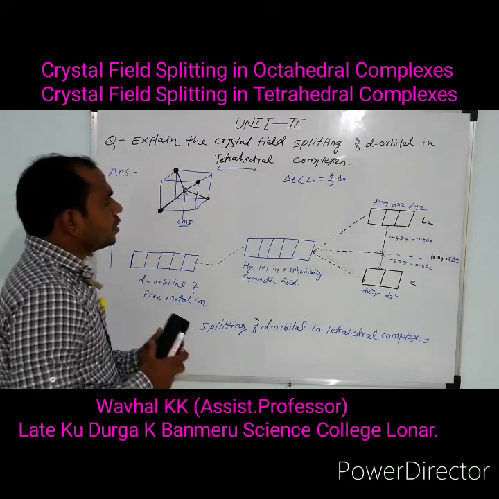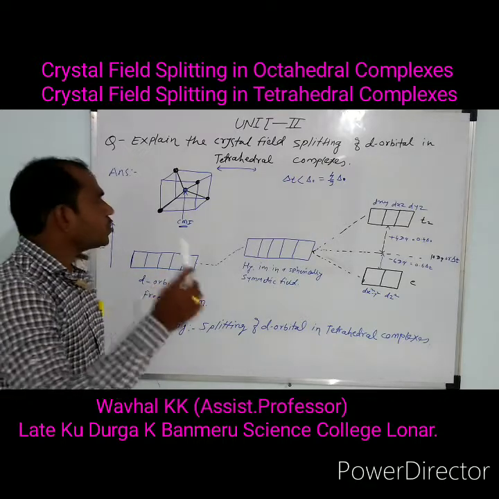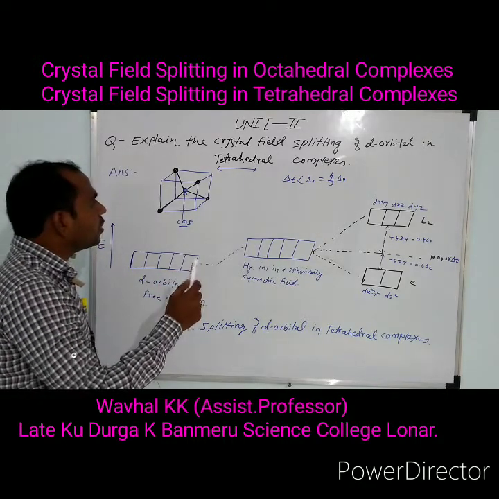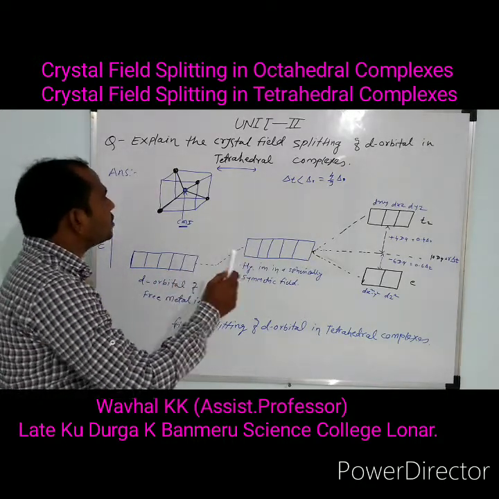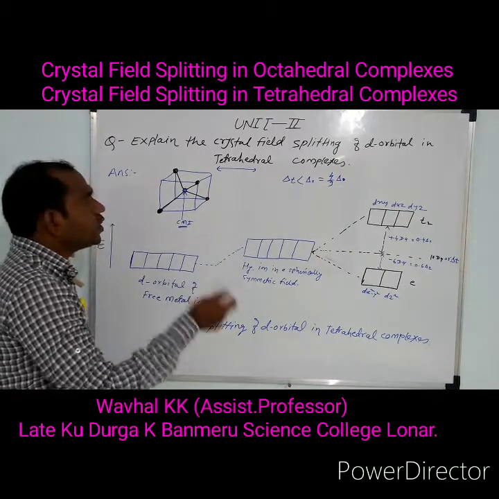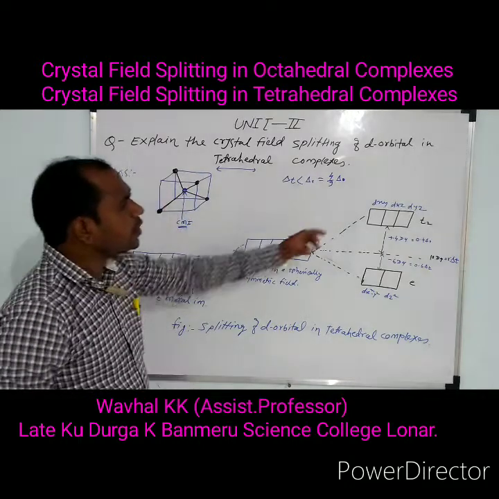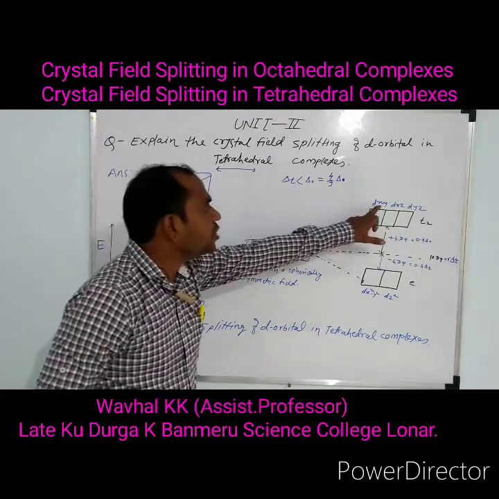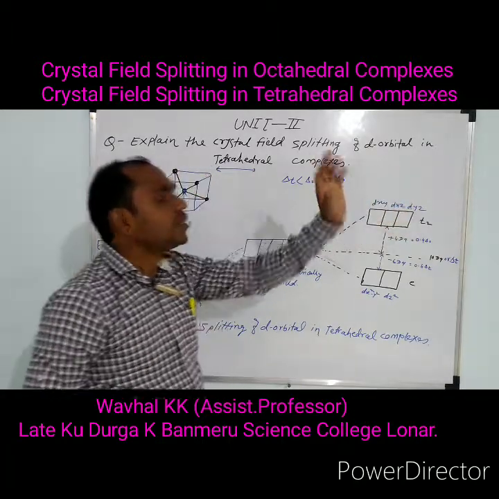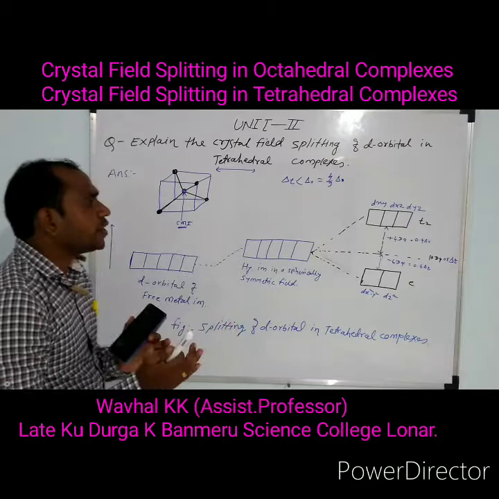It means the dx2-y2 and dz2 orbitals, the E orbitals, point to the half edge of the face, or half diagonal of the face, away from the ligands. The second set, the T2 orbitals dxy, dyz and dxz, are also away from the ligands.